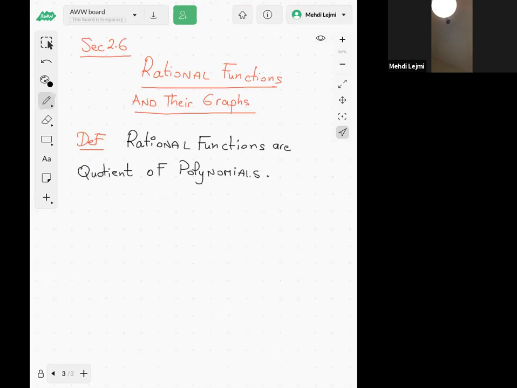In other words, rational functions have the form f of x equals p of x over q of x, where p of x and q of x are polynomials.